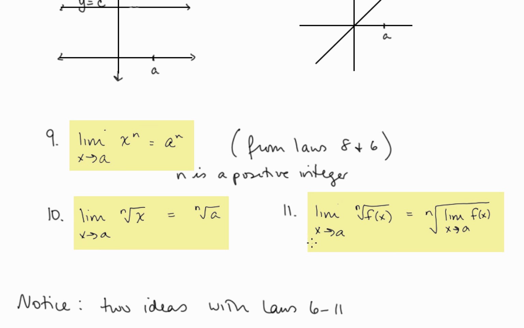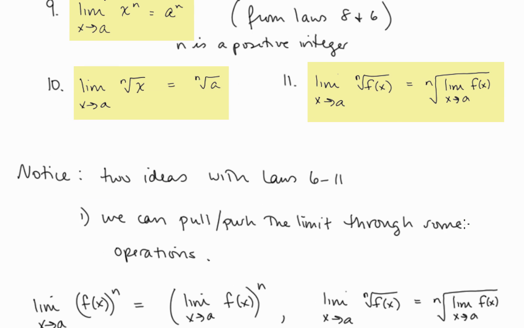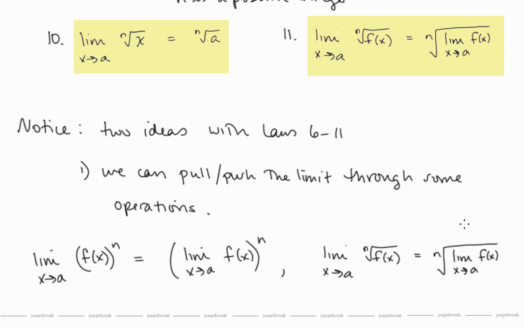So if we have the limit as x goes to a of the nth root of f of x, we can push that limit under the root and then take the limit. And I want to point out here two ideas that we're seeing with these limit laws 6 through 11. One idea is that we can pull or push the limit through some operations.